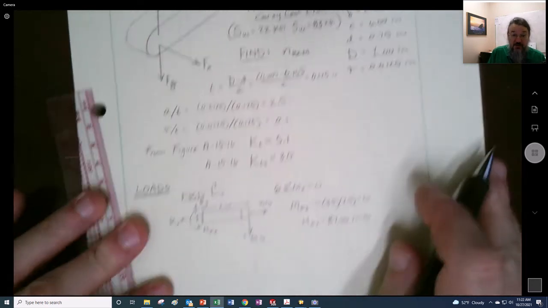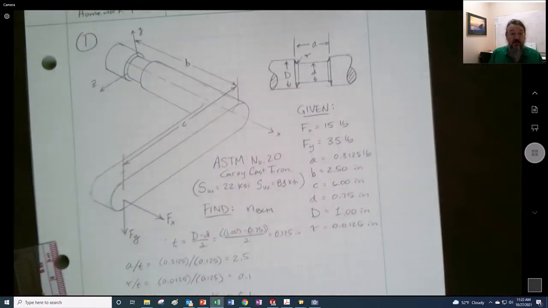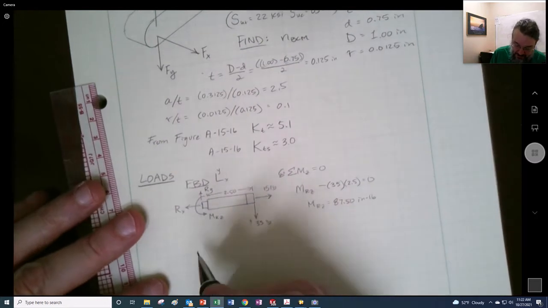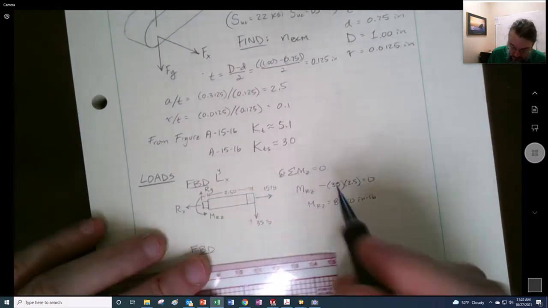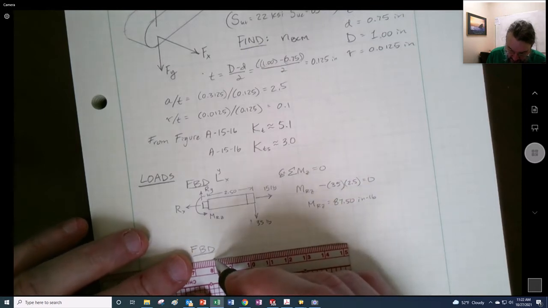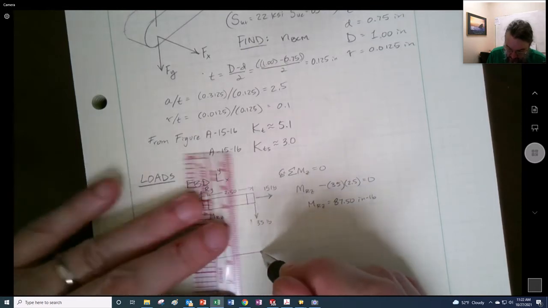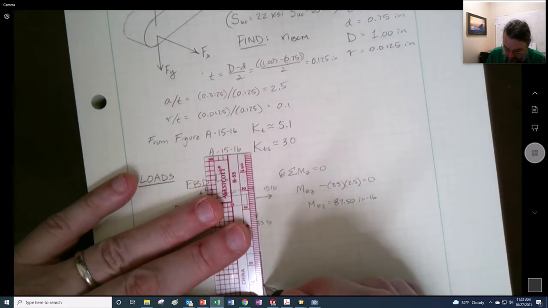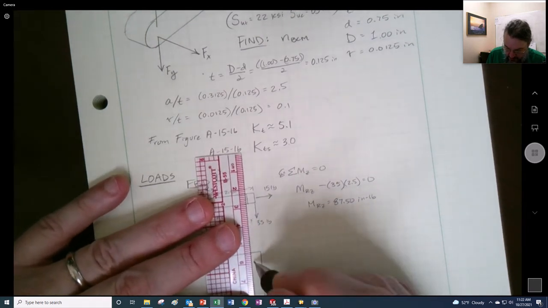And let's take a look downwards at this thing. So let's look in the XZ plane next. And I'm not going to be able to scrunch everything in here, am I? That's okay. I have more paper.